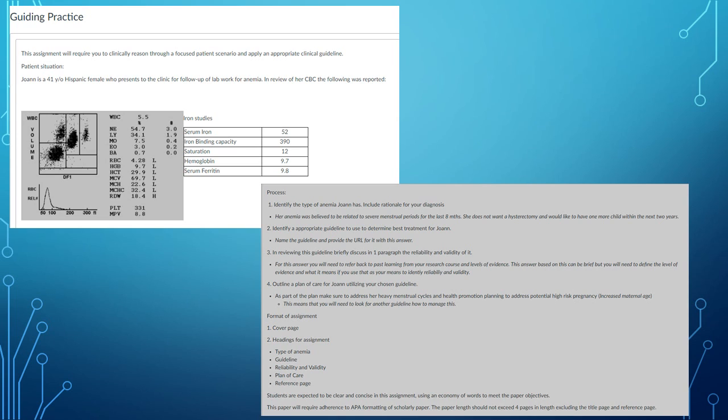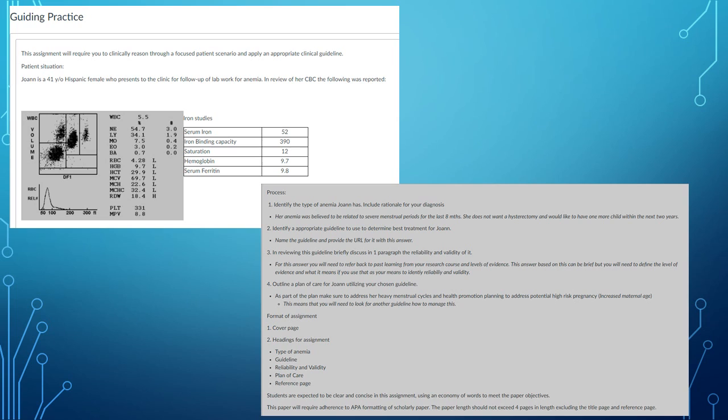Now you're going to have to go back into the elements that you learned in your nursing research class and pull up what are levels of evidence and what level of evidence is presented for the guideline that makes it reliable and valid to use. So you'll have to go back into past coursework to bring that forward and then identify it.